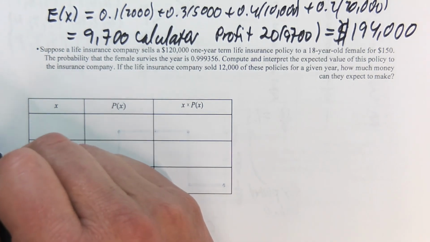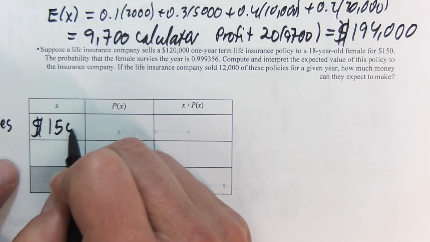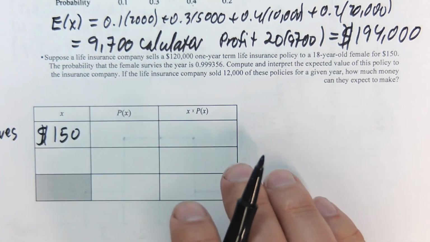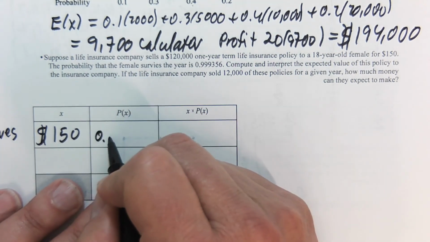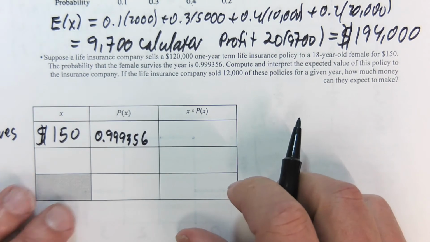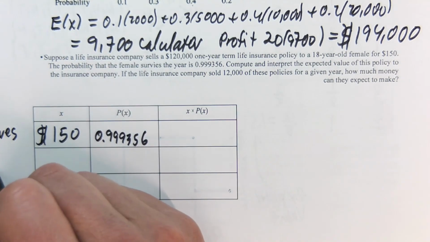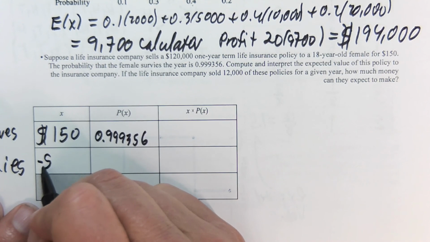So if she lives, then the company has made $150. And the probability for surviving is 0.999356. Now if she dies, the company's down. Now here's where it gets a little tricky.